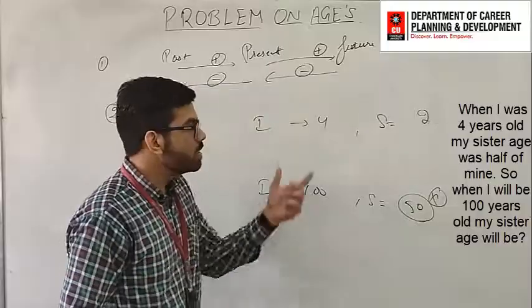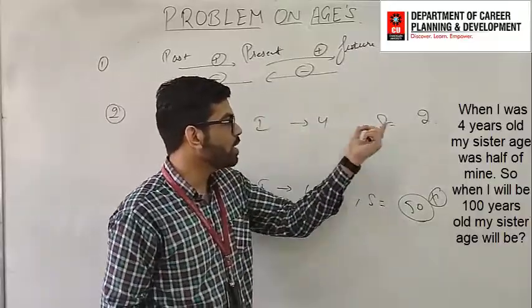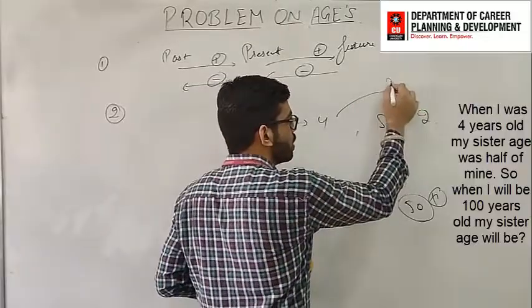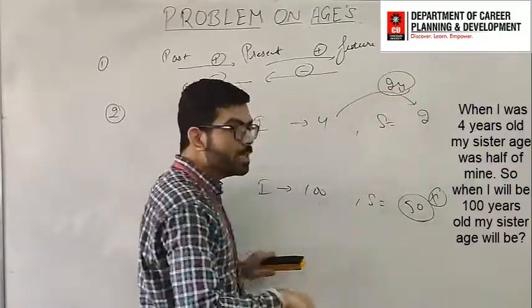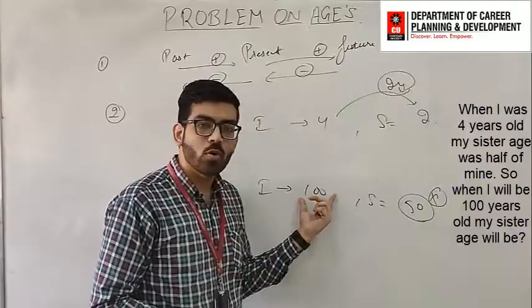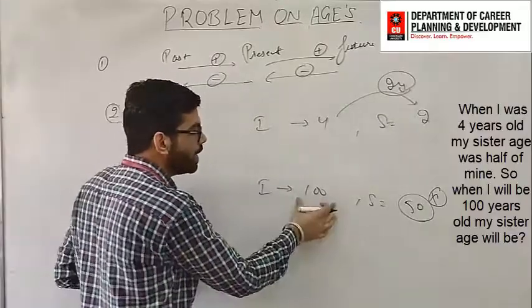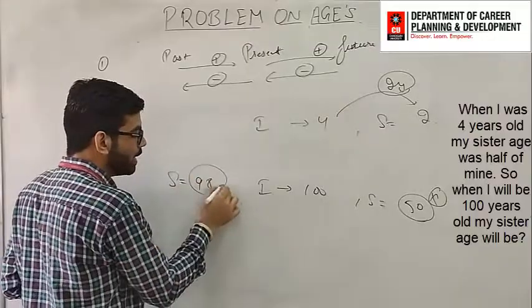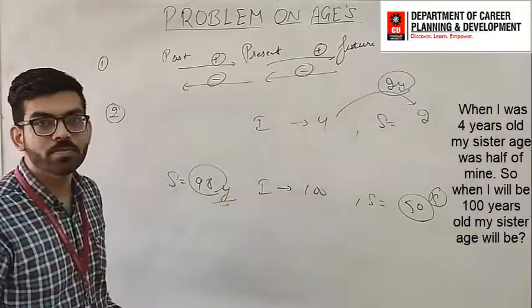In actual fact, when I was 4 years old, the difference between me and my sister was 2 years. In the same way, when I am 100 years old, the difference will be 2. That means the sister's age comes out to be 98 years.